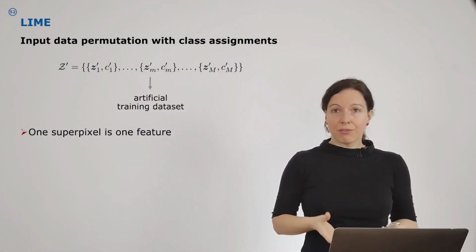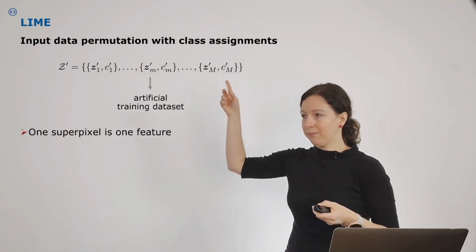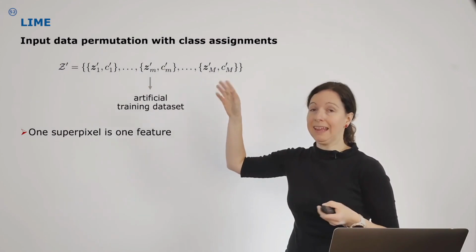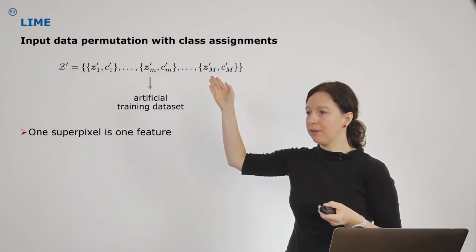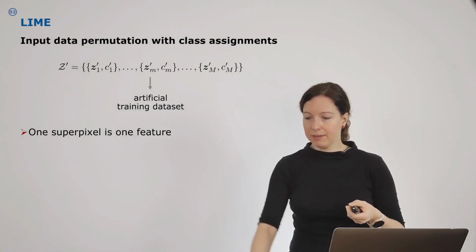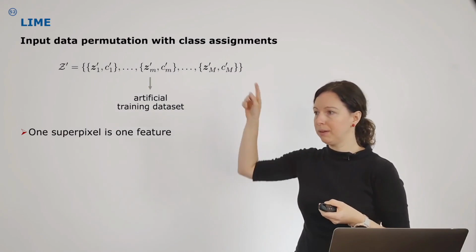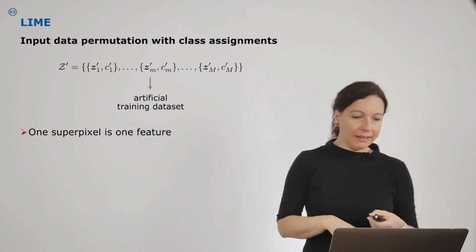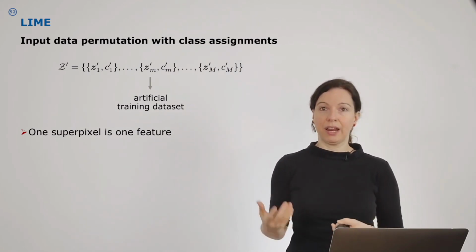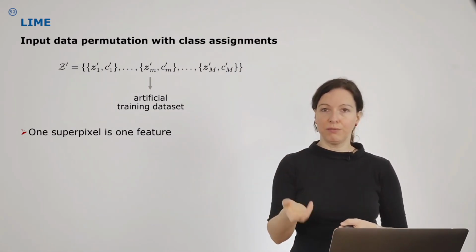So if you do this many times, to be more specific m times, you get m of these pairs. So you have this set vector where the length is the number of superpixels, and you have a label, an estimation. And this is your artificial training data set. And again, one superpixel is one feature.